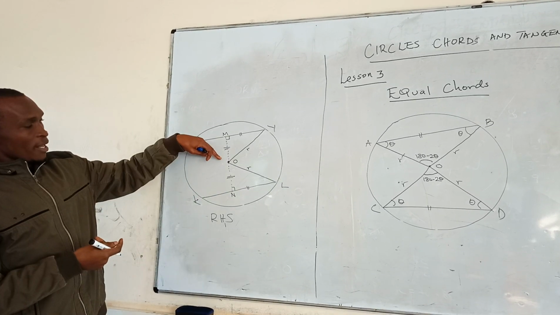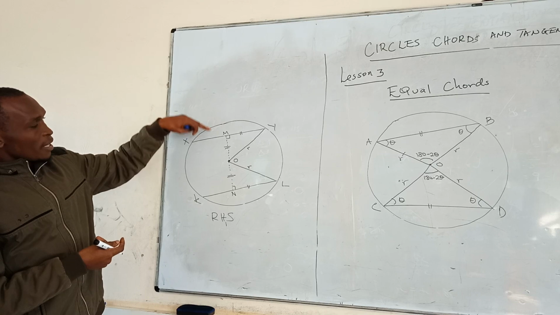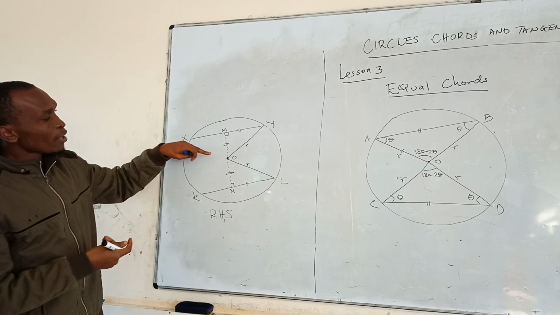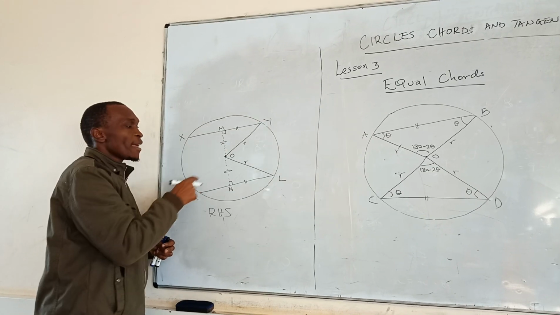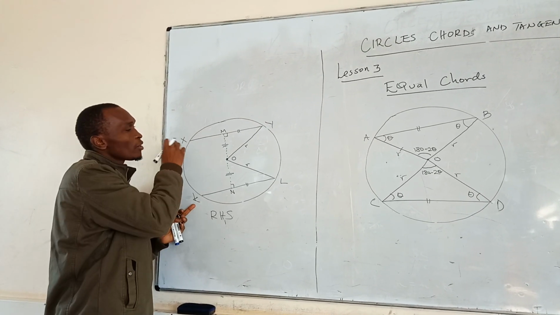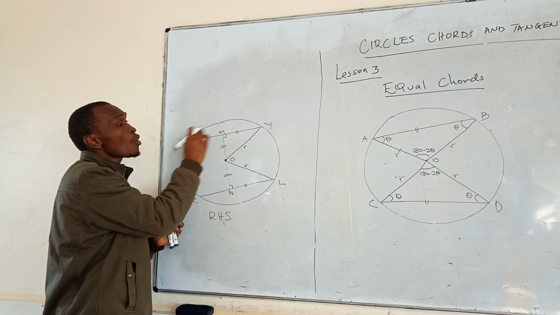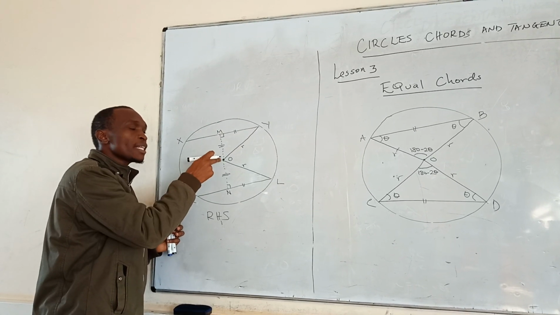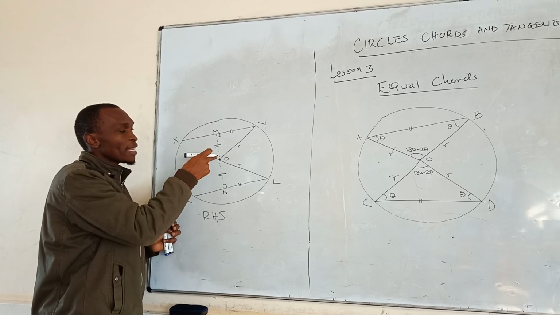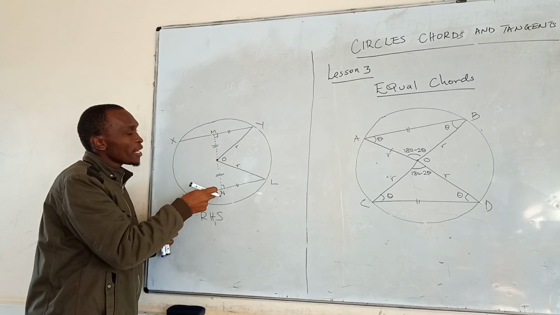So this is the conclusion we can get: if we have equal chords in the same circle, they are equidistant from the center, meaning that they have the same distance. That is, ON equals OM.